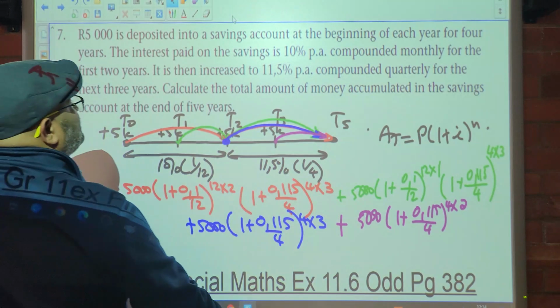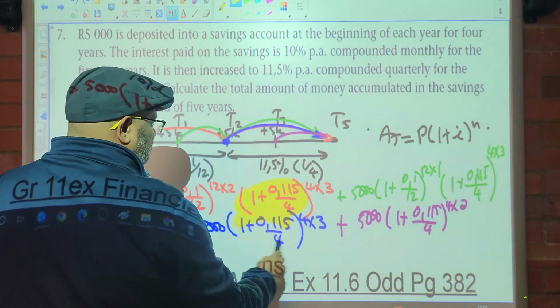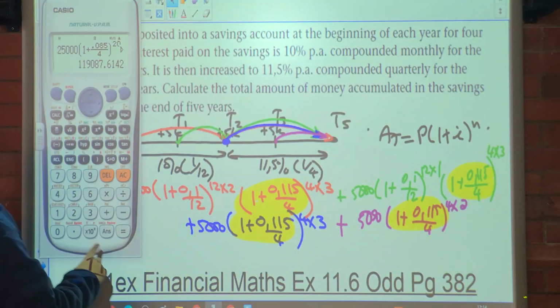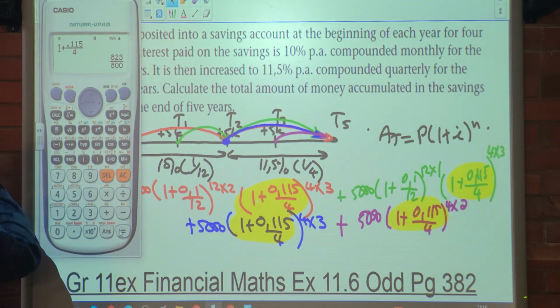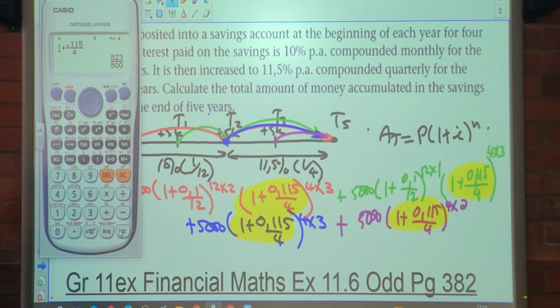So what I'm going to do is type in the calculator this here, as that is being repeated often. So it's going to be 1 plus 0.115 over 4. Again, if I'm going to type this in the calculator like it is, it wouldn't have enough memory.